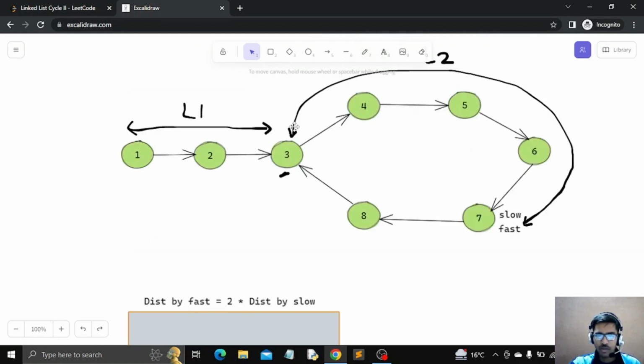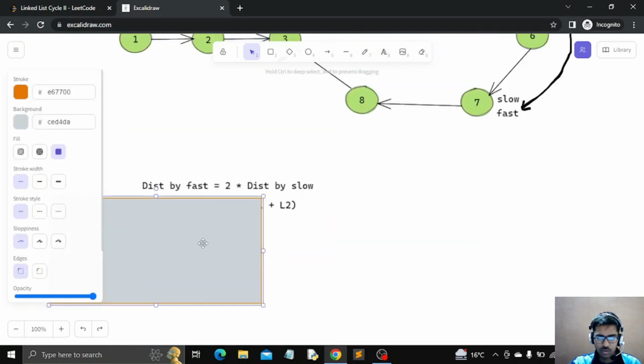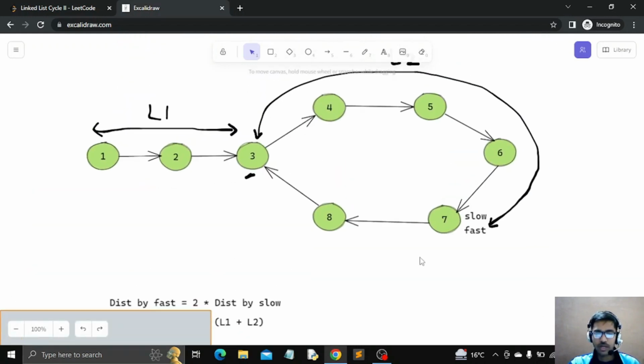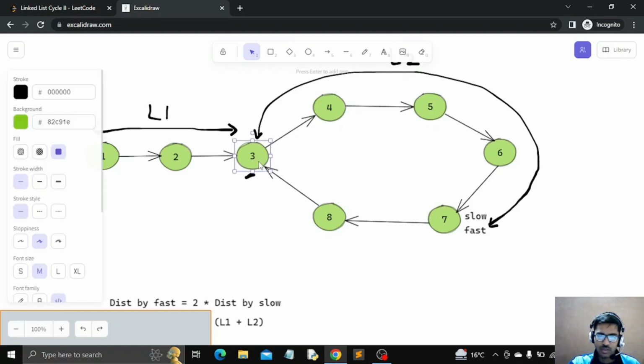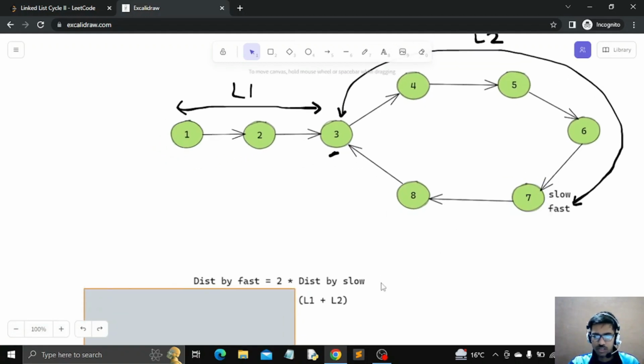It will be L1 plus L2, right? We are not actually concerned with the real distance covered. Here L2 is basically the distance between the starting node of the cycle and the coinciding node where the two pointers coincide. So it is just this distance. So the distance covered by the slow pointer will be L1 plus L2.